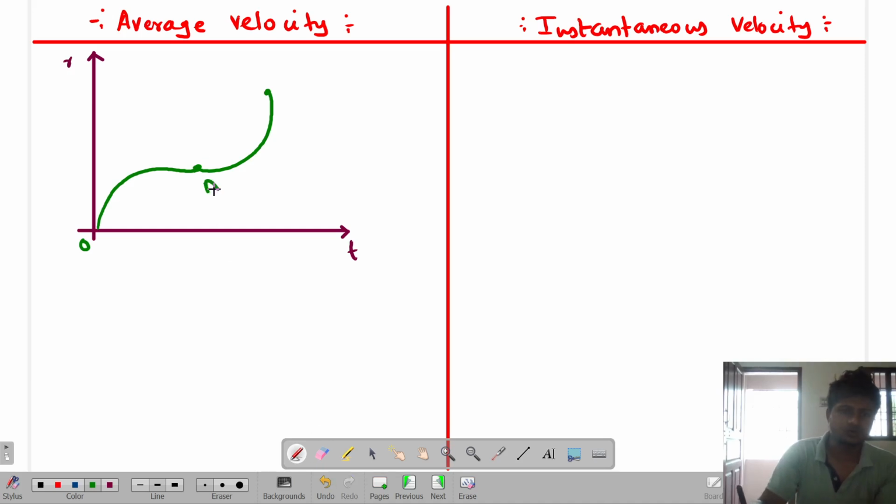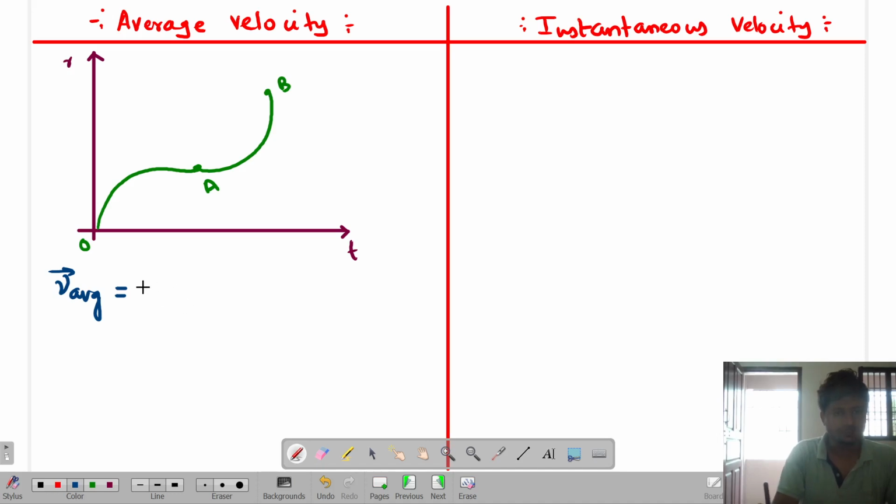Now here many people will think, sir, if I want to find the average velocity, as we know the formula, if I write average velocity, since velocity is a vector quantity, V average is written with an arrow, it is called average velocity.